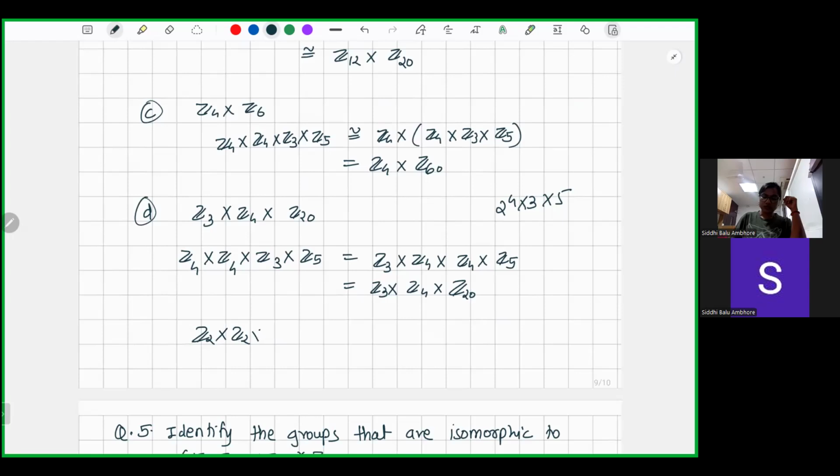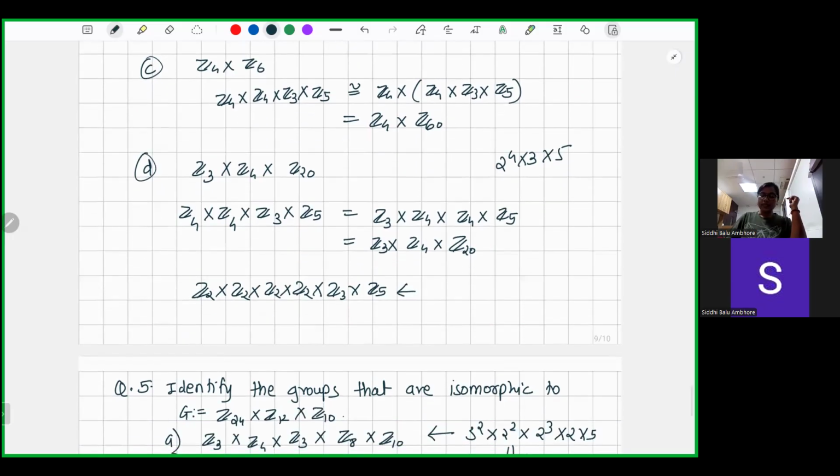And if I take this group Z2 cross Z2 cross Z2 cross Z2, the 4 are there, then Z3 cross Z5. Then this is 2 power 4, this is 3 and this is 5. Here every element of this group has order at most the LCM of this, which is 2, 3, 5. This will be just what?